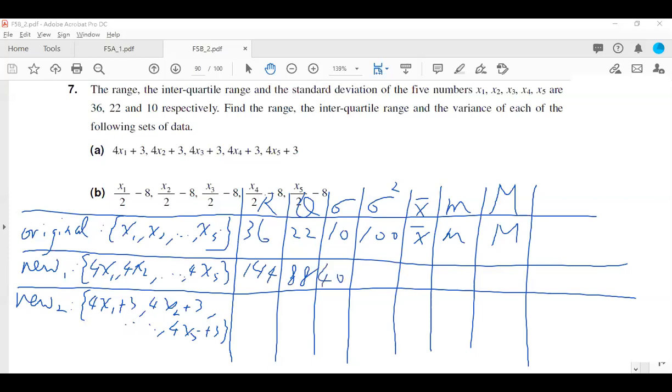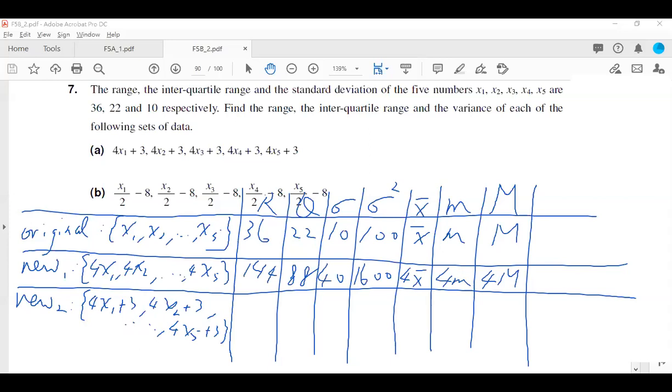And careful, the sigma square will be 40 square. So that should be 1,600. Okay, and then the new mean will be 4x bar. And then for small letter m, for capital M.